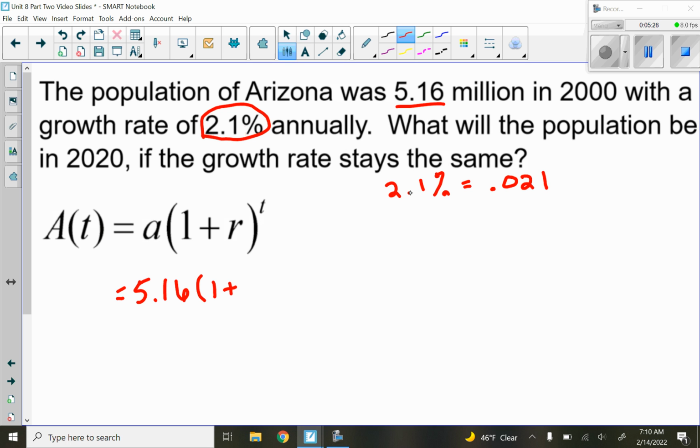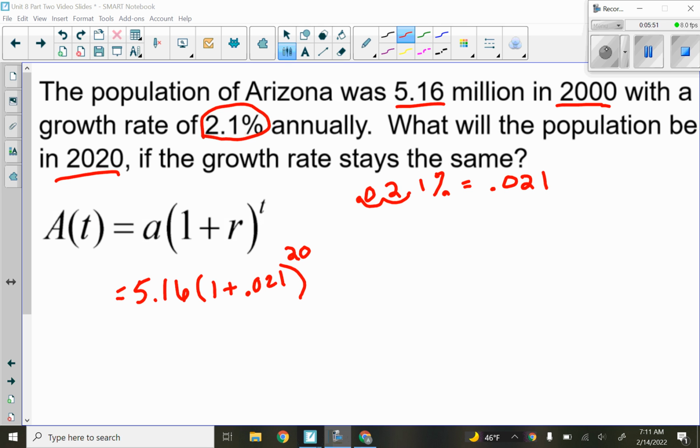If you don't remember how to do that, you move your decimal 2 places left and fill in with the 0 if necessary. And then to the t power, we need to figure out how many years are from 2000 to 2020. Well, that would be 20 years.